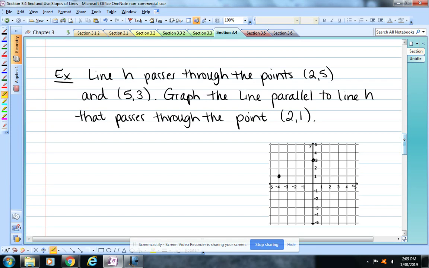All right. So go ahead and write down this example. Get 2 pieces, one for notes, one for homework. Are we going to get done before 2:30?